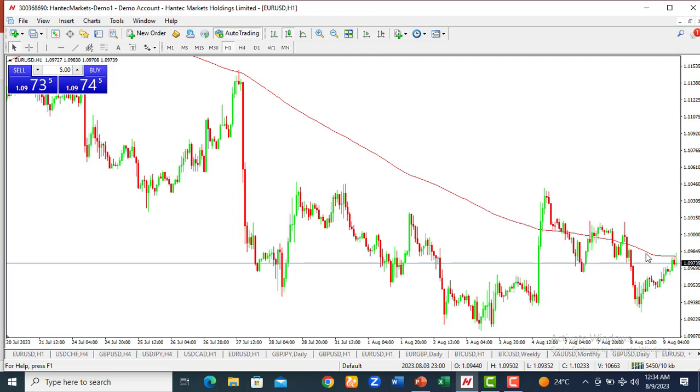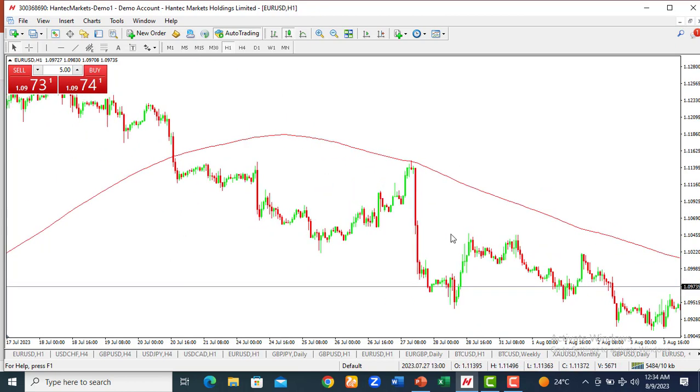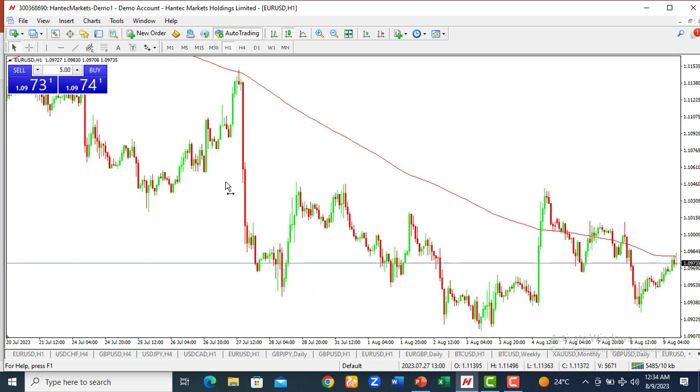You can see this, respecting it. It's a market that does a very deep retracement, just like this, coming back, could not break it. Look at this, coming back. Any market that respects the 200 period moving average that is trending, but doing a very deep retracement, is a weak trending market.